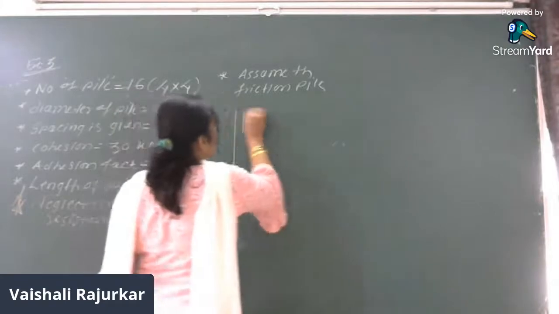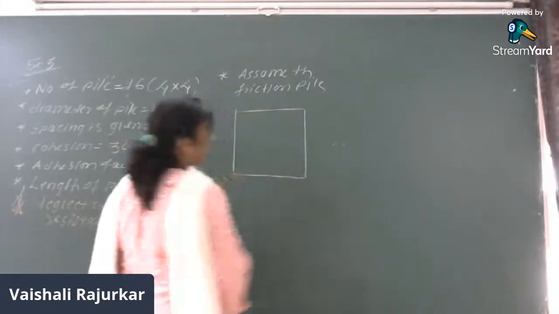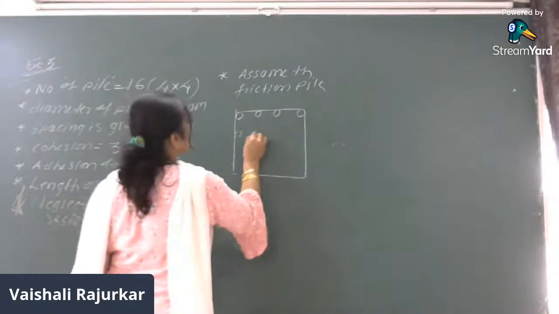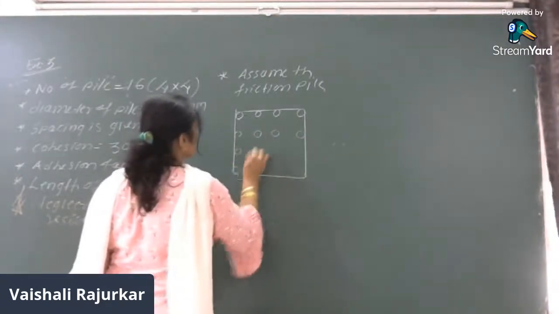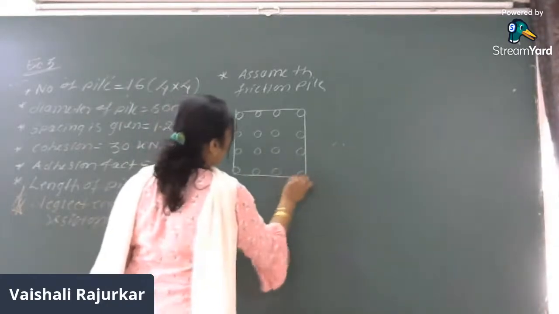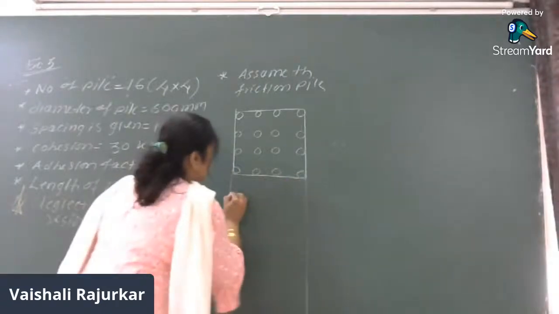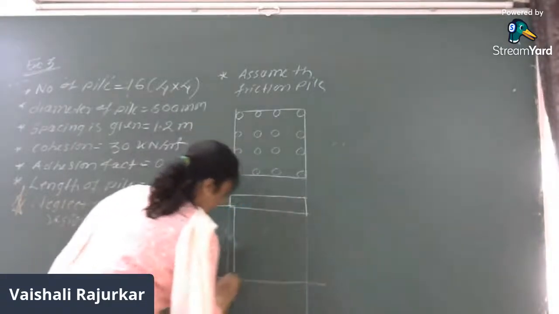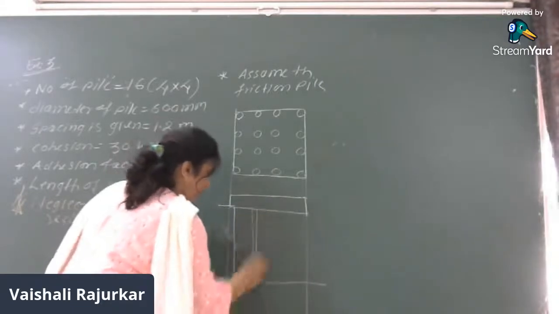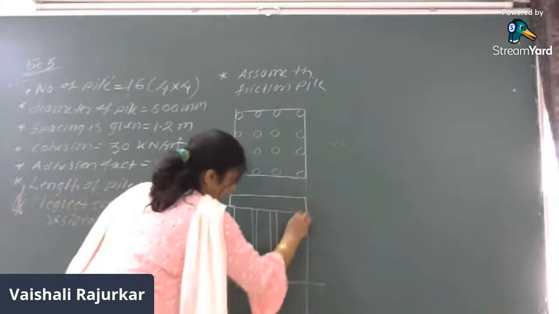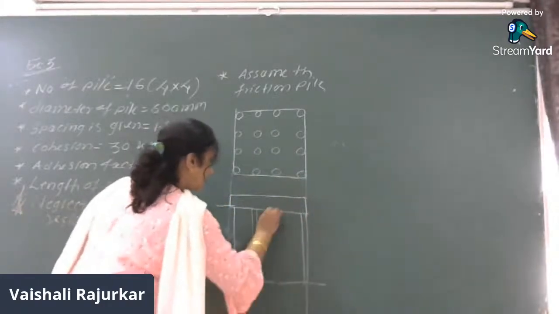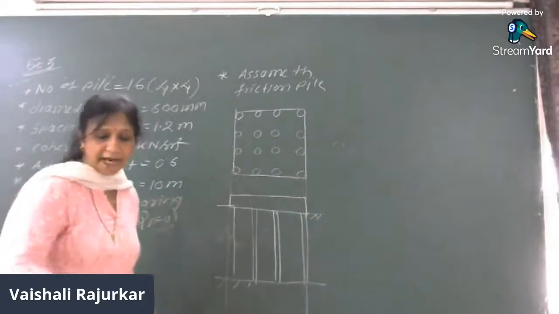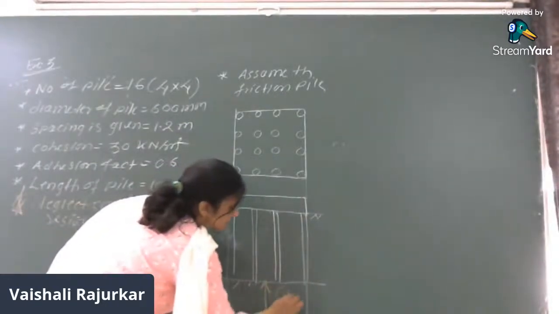Here there are 16 pipes which are arranged in a square pattern, and it is assumed that the value of QP is 0.